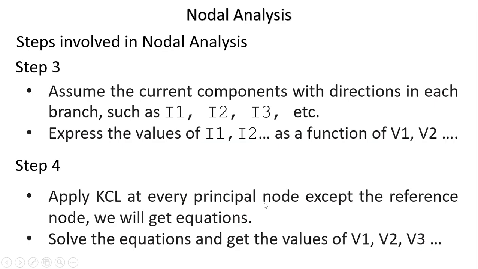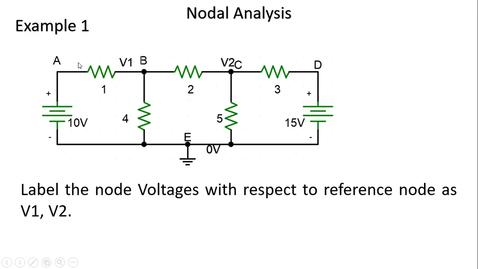So we are going to assume some current component in branch AB, branch BC, branch BE, whatever the direction is. But among the current components, at least one should be incoming and at least one outgoing. For the rest, the directions are your choice.